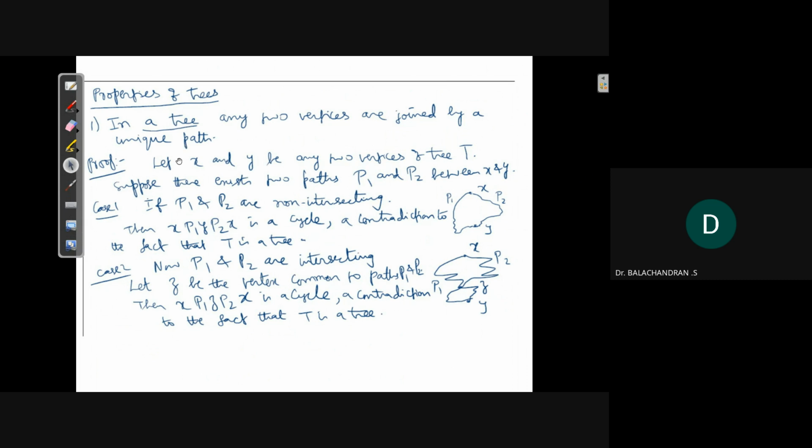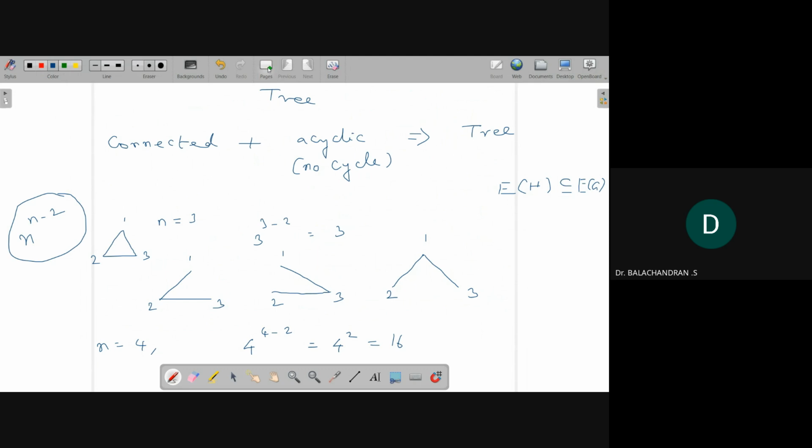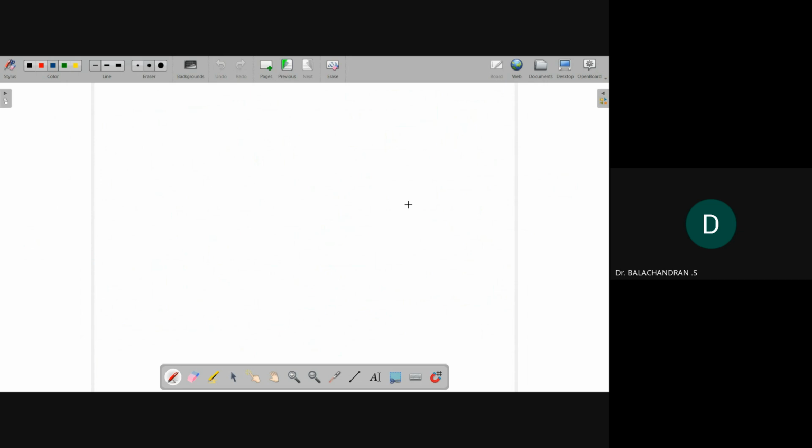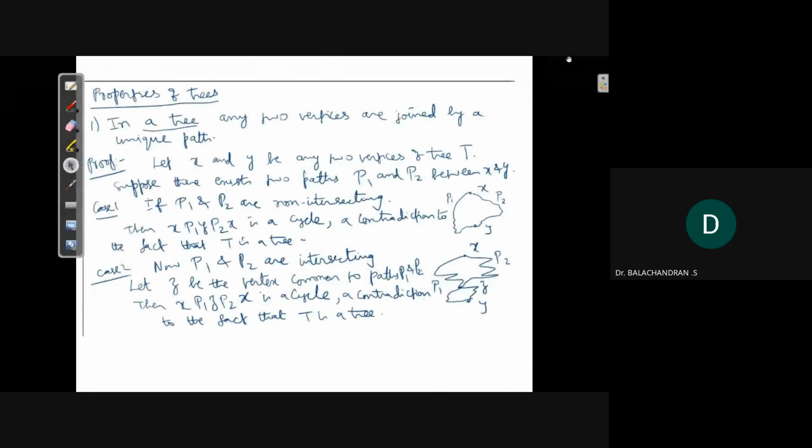Let x and y be any two vertices of T. This is x, this is y. X and y are two vertices of a tree.